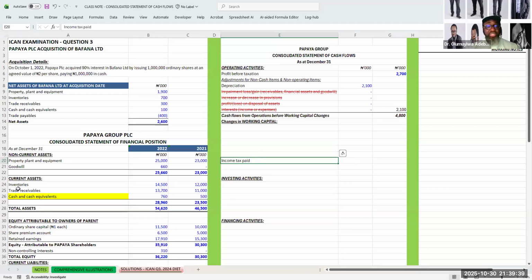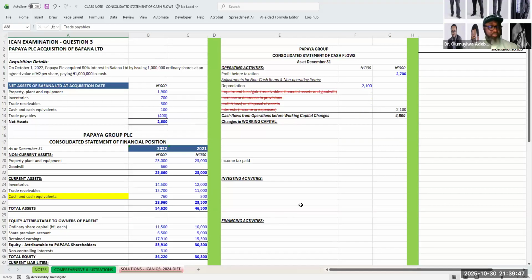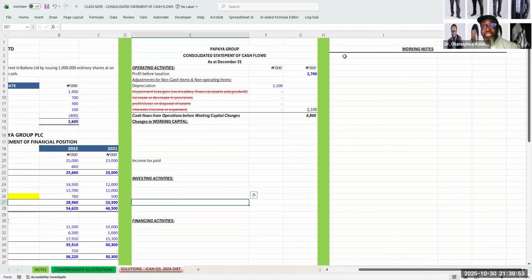Therefore, what we need is to look at the movement in the other three: inventory, trade receivable, and trade payable. But how will we look at it now? Let us come to our working. Note 1.